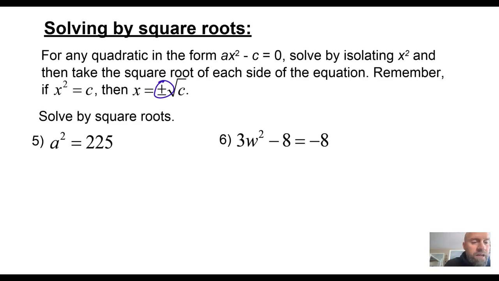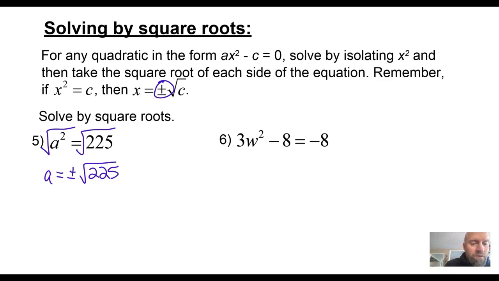We've got a squared is equal to 225. Again, I'm going to isolate the variable by taking the square root on both sides. Anytime I do that, I've got plus or minus the square root of 225 over there. This square root takes care of the a squared, so now I've only got one a sitting there.